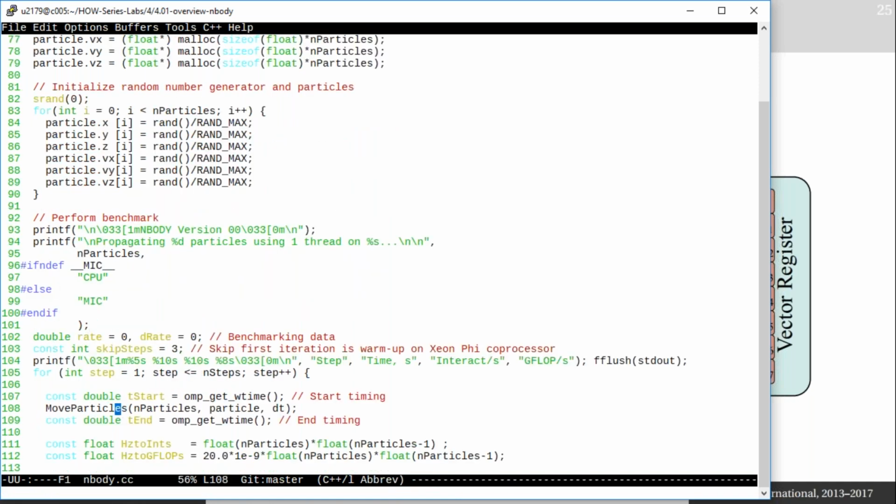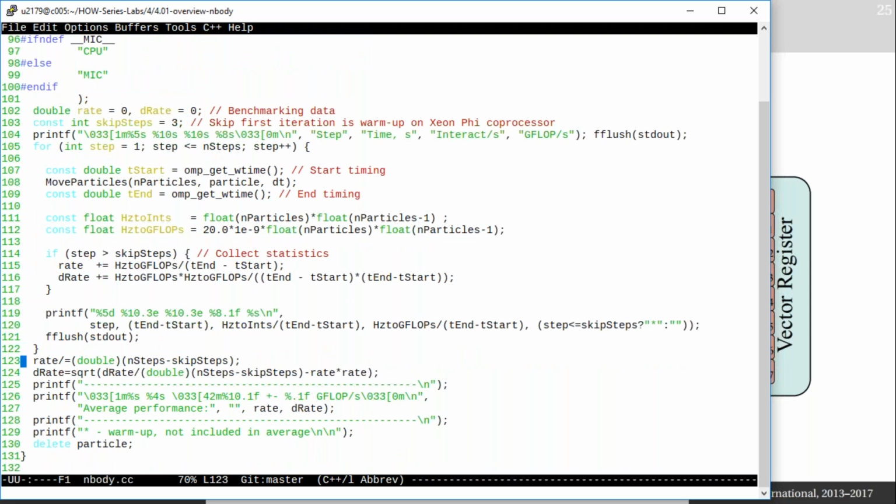Oh, I don't have to change anything here because I'm already passing the structure of arrays. Yeah, but this is not going to work. We are going to have to do free particle.x, y, and z.